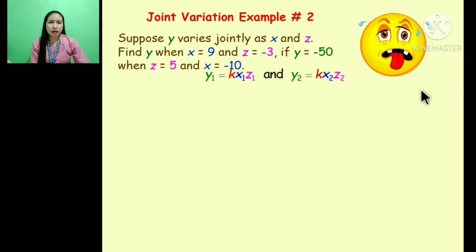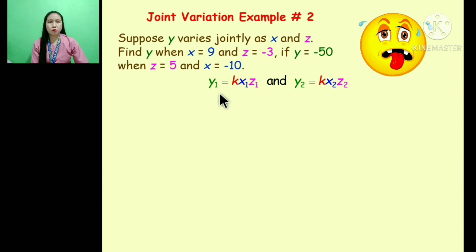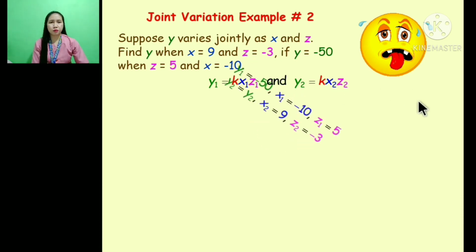Okay, so again, let's get the y sub 1 and the y sub 2. So y sub 1 is equal to k times x sub 1 times z sub 1, and y sub 2 is equal to k times x sub 2 times z sub 2.